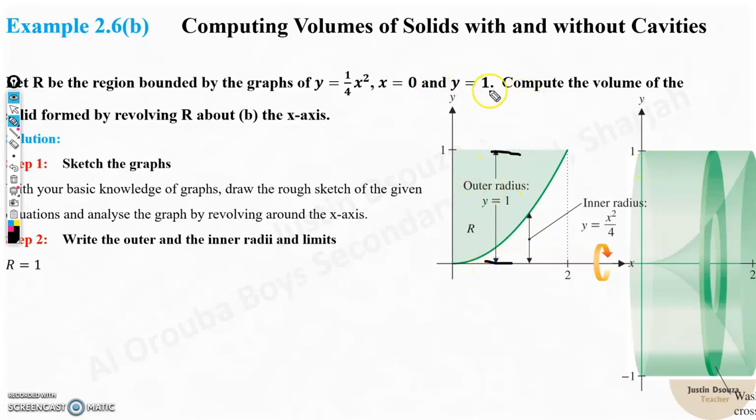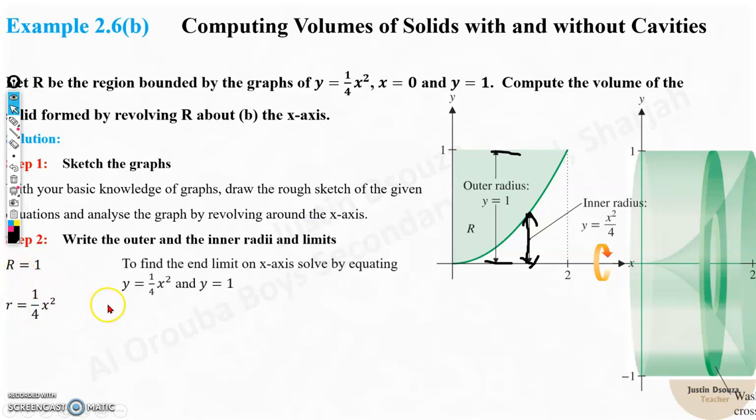It's given, right? We did the same thing. So then what do we do? Find the inner radius. So inner radius is basically this equation from here. Okay, it's just the equation. Now we have outer radius and inner radius, the small letter, and now we can find the limits.